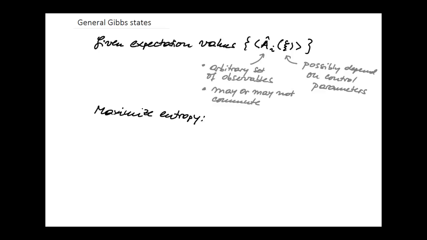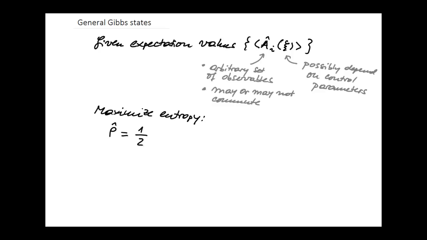I'm not going to give the mathematical proof here, I'm just going to state that the unique density matrix that maximizes the entropy has a form that is very similar to the Boltzmann-Gibbs form that we just saw.